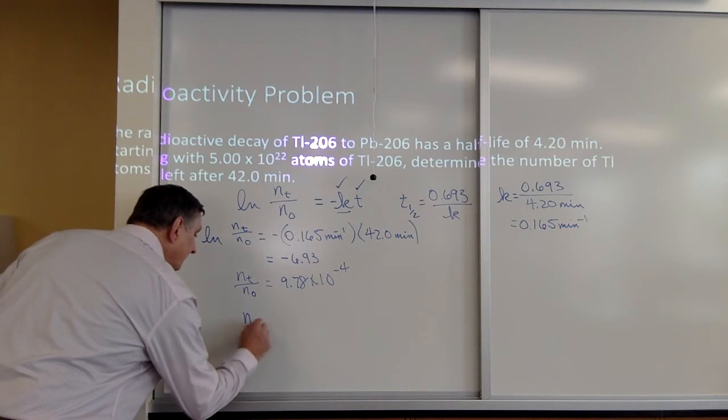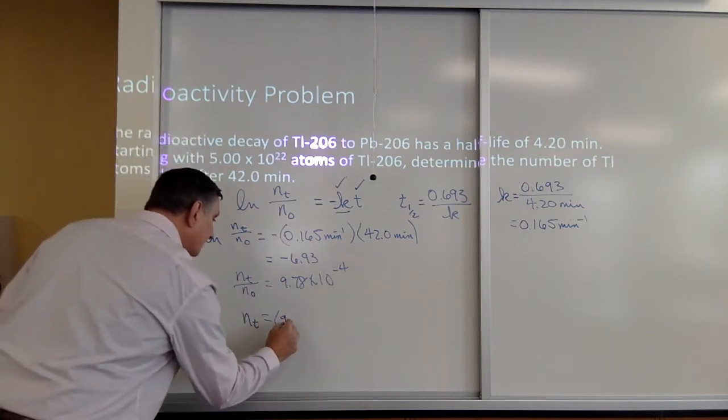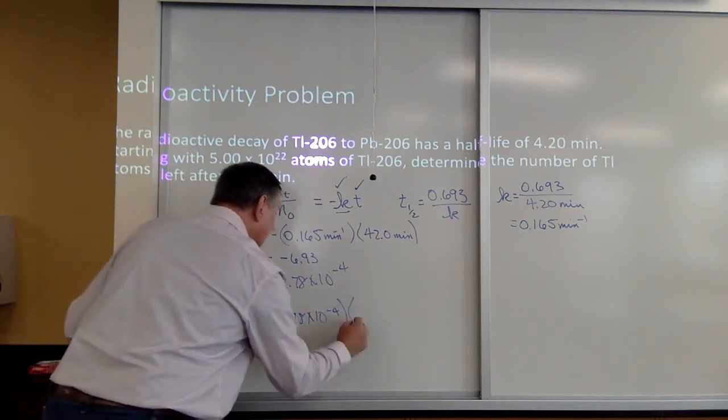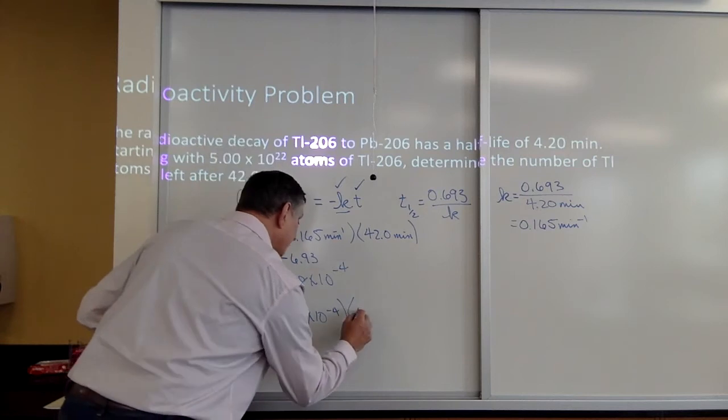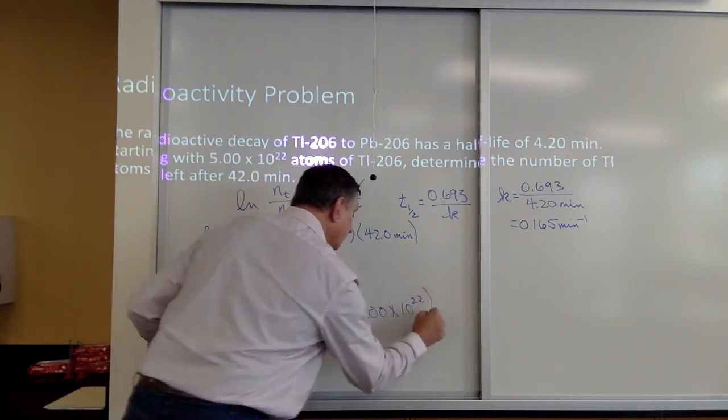So n sub t is equal to this ratio times n sub 0, times 5.00 times 10 to the 22 atoms.